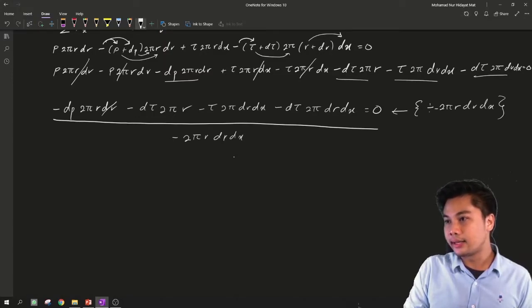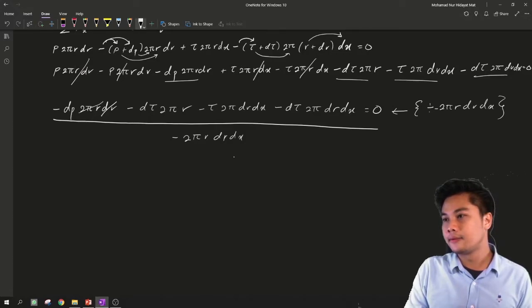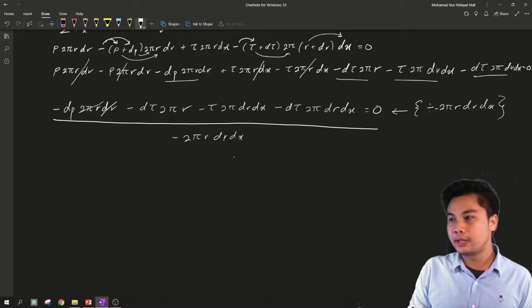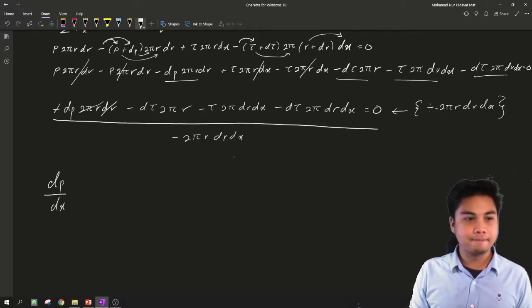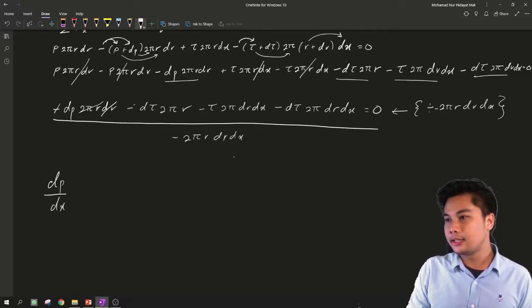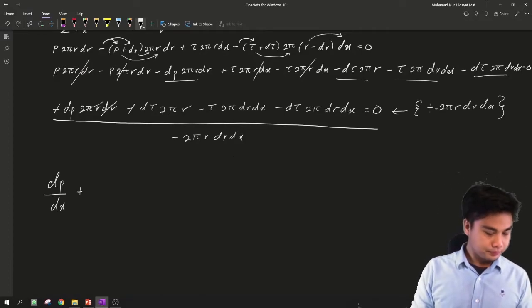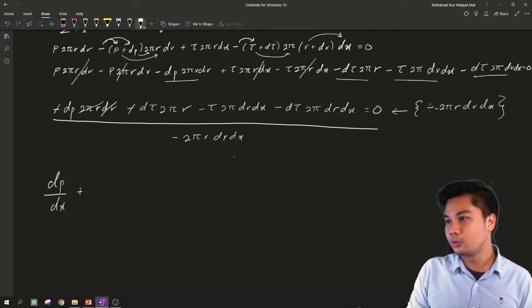So this dr cancels, and then 2 pi r cancels, only dp. So left, negative, negative cancel. So dp over dx is left. Alright, so this one negative, negative cancel, positive. 2 pi r cancel.